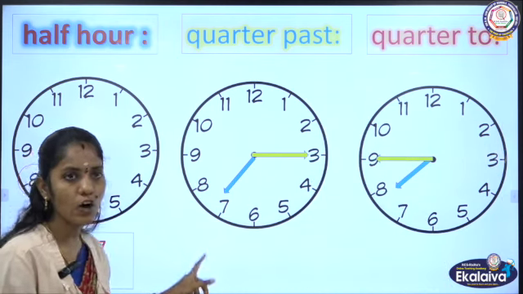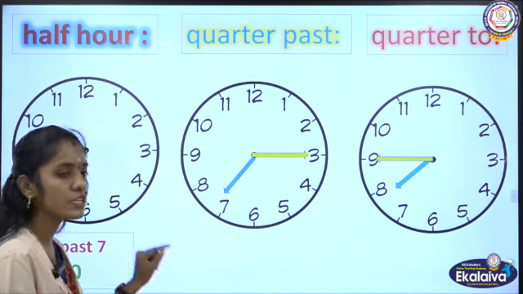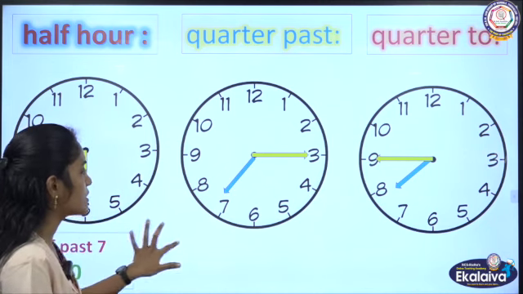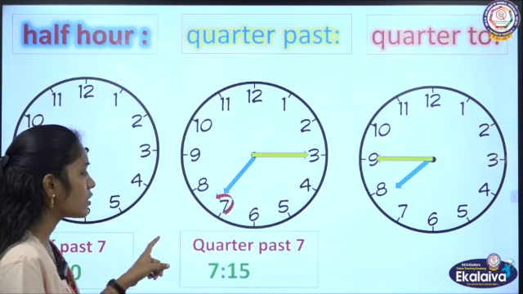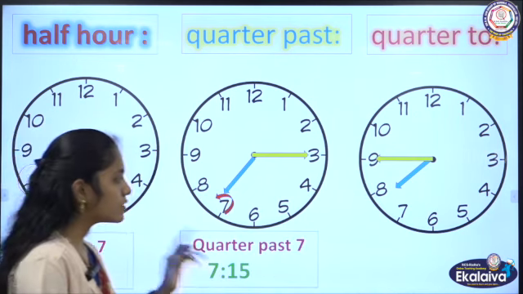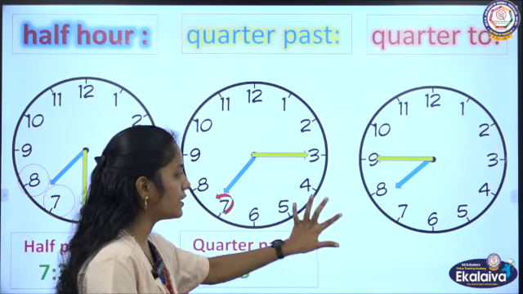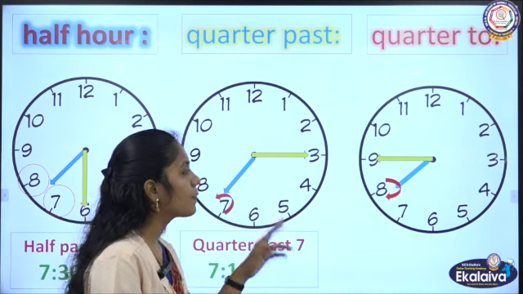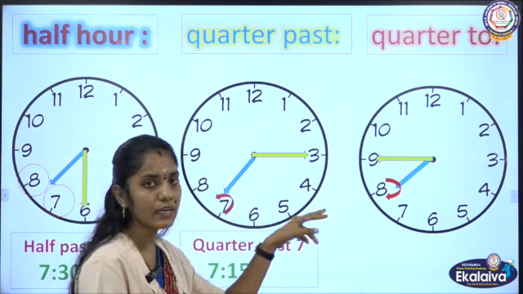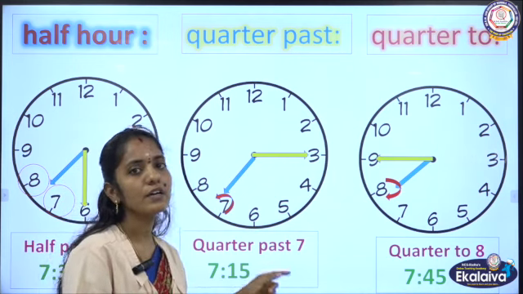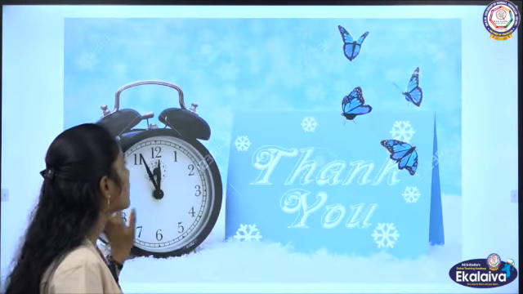In the second clock, the hour hand is just after 7. The minute hand is at 3. We say it as quarter past 7 or 7:15. In the third clock, the hour hand is just before 8. The minute hand is at 9. We say it as quarter to 8 or 7:45.